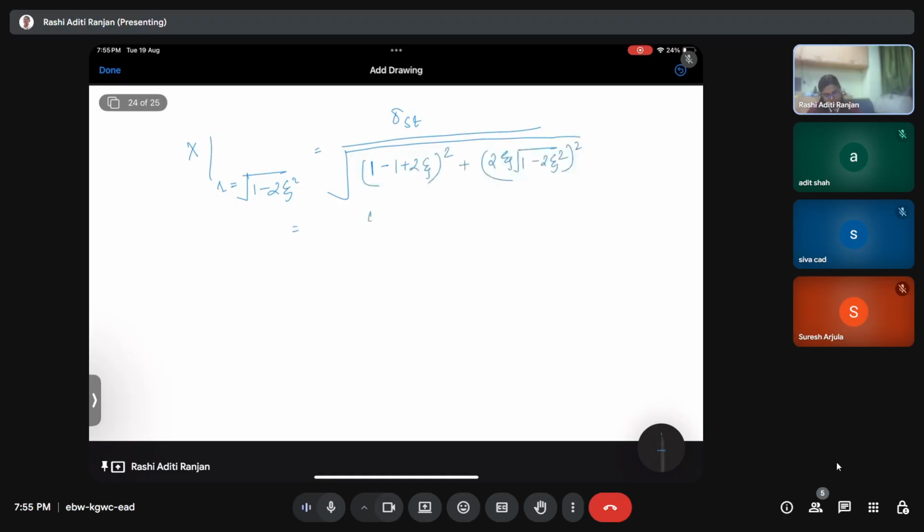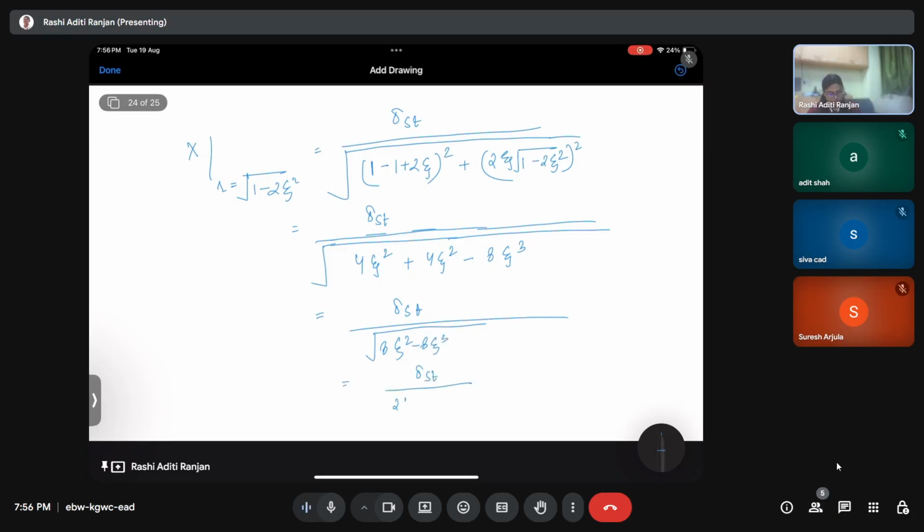So this turns out to be delta st divided by under root of 4 eta square minus 4 eta cube, which is delta st divided by under root of 8 eta square minus 8 eta cube, which will be delta st divided by 2 eta under root of 1 minus eta square, and this is going to be the maximum value.